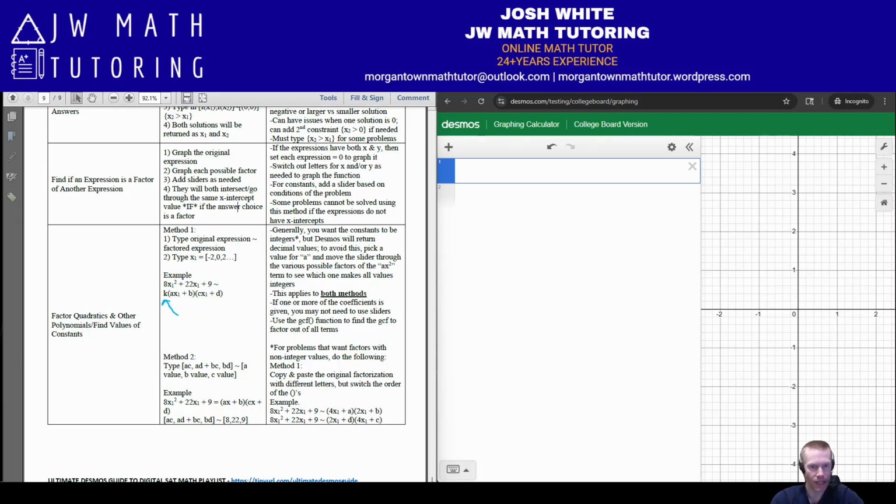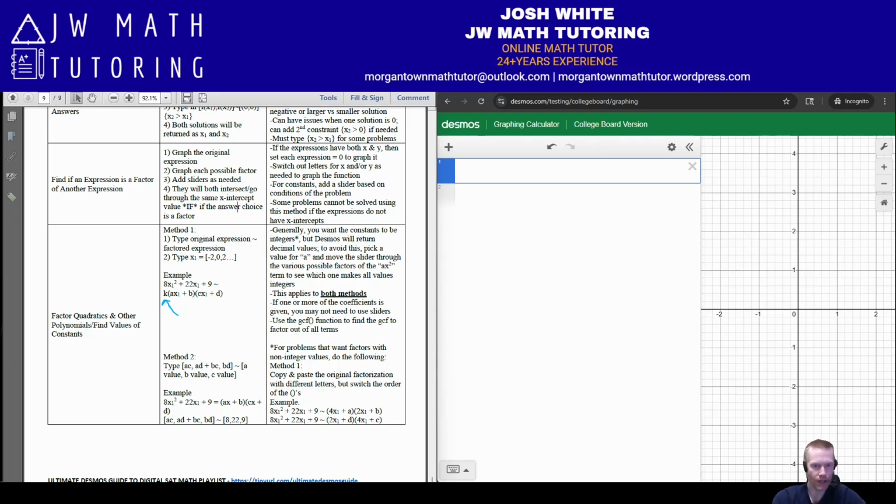The last thing, and we'll look at an example with this, is one specific type of problem where they want you to factor an expression two different ways. The first way is using all integer values. You factor it, you get the normal standard factorization, you get the values for say a and b.